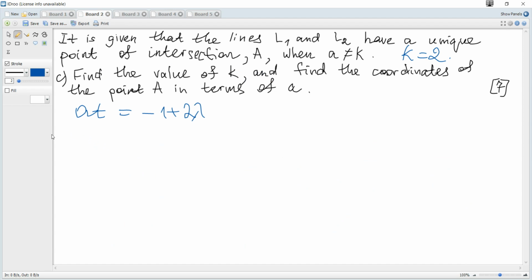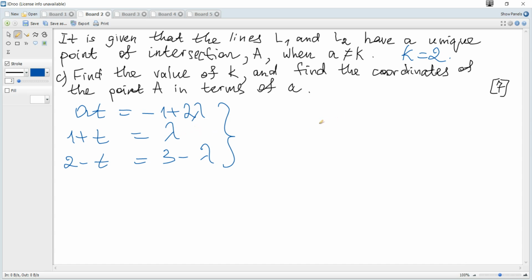So we get the next simultaneous equations.